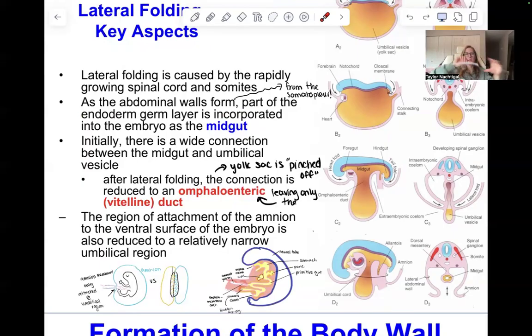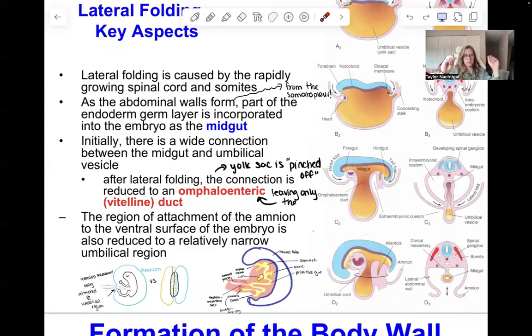You know, if this was our trilaminar disc, I'm just going to rotate it like this, with lateral folding like this, the bottom tissue being endoderm, the tissue on the back being ectoderm, we're getting this folding. So the endoderm, which was previously on the bottom, is now folded up to be part of the inside of the embryo.